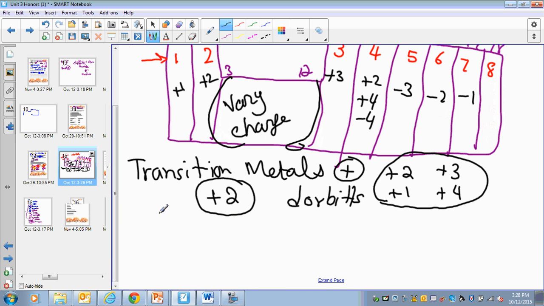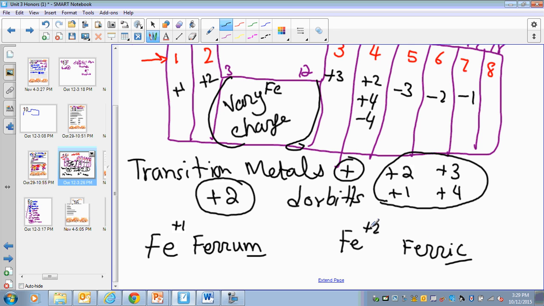Again, if you still don't get what I'm saying, iron, which is sitting somewhere here on the periodic table, could be +1, okay? And iron could be +2, all right? The name of the iron is ferrum, so it could be ferrum or it could be ferric.